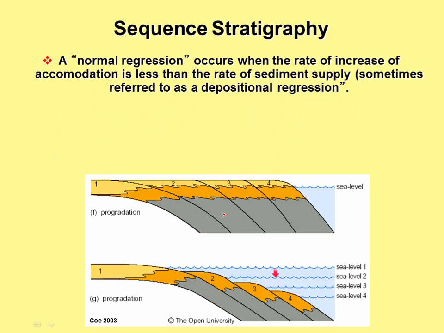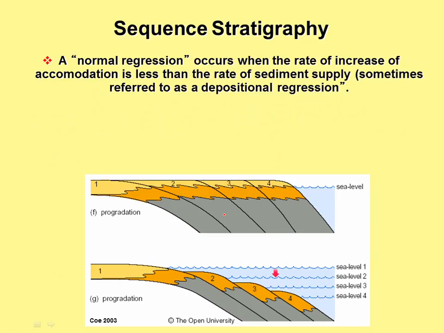Okay, it's sometimes called a normal regression, yeah. Well, I mean, progradation exists to the extent that as the sea level drops, the shoreline has to go with it. I mean, it has no choice in that sense.